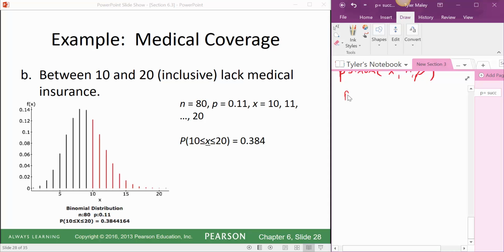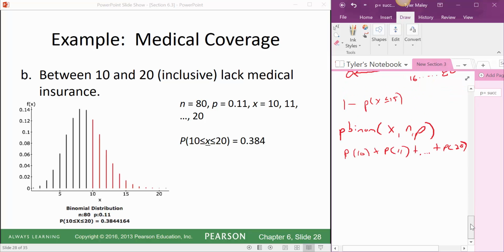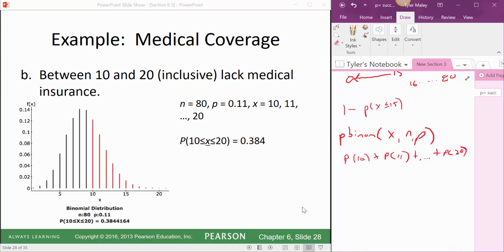I want to know the probability of 10 plus probability of 11 plus all the way to probability of 20. Doing this in R, we're going to have to do some subtracting again. But instead of doing this one in R, since we've done that a couple of times, I want to use the graphing calculator this time.